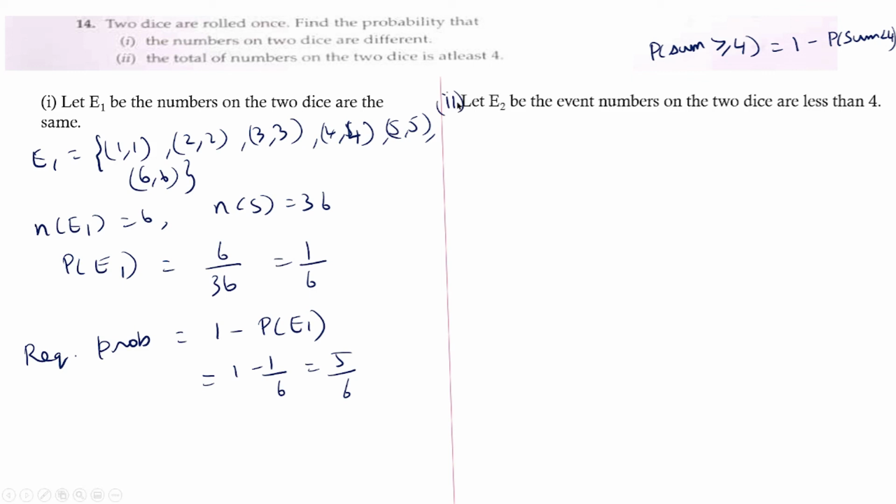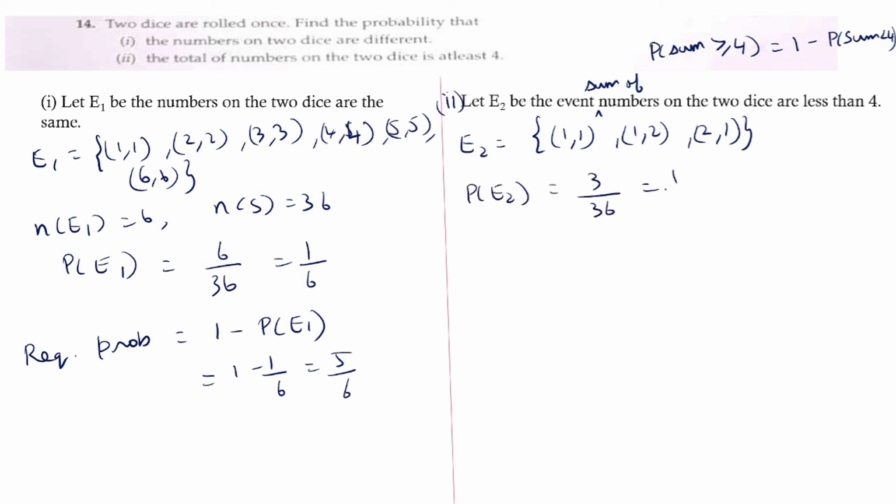So let E2 be the event that the sum of numbers on the 2 dice is less than 4. So E2 consists of the outcomes 1,1, 1,2 and 2,1. So probability of E2 will be 3 by 36 or it is 1 by 12.